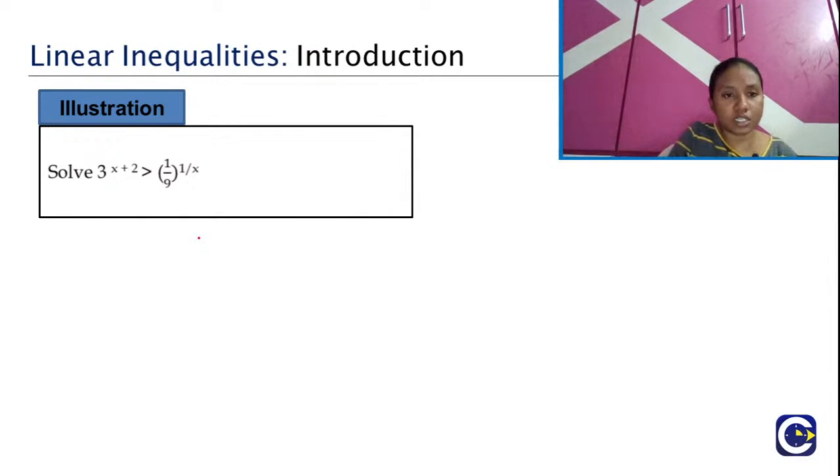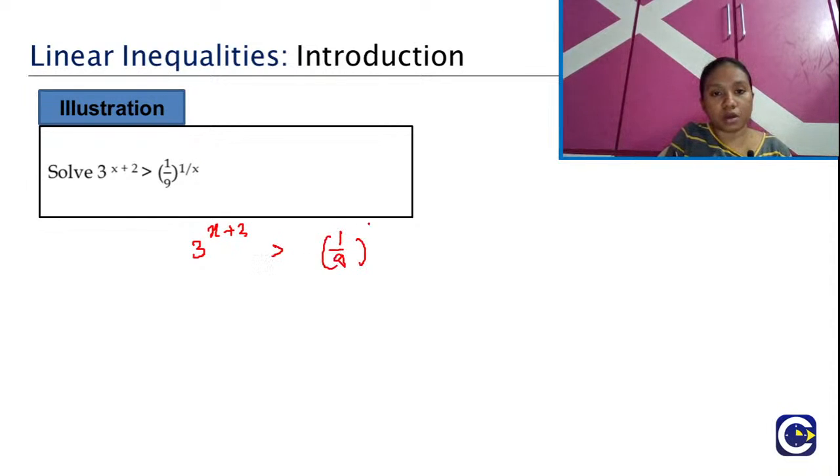So what is the given inequality? 3 power x plus 2 greater than 1 by 9 power 1 by x. So first thing will be, we have to make the a value the same on both sides to simplify the exponential inequality. So how can we do that? Here it is 3.